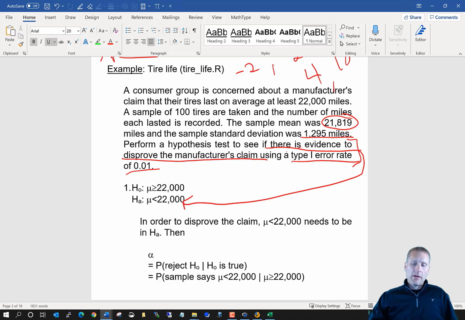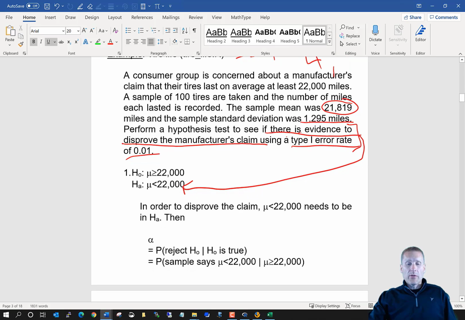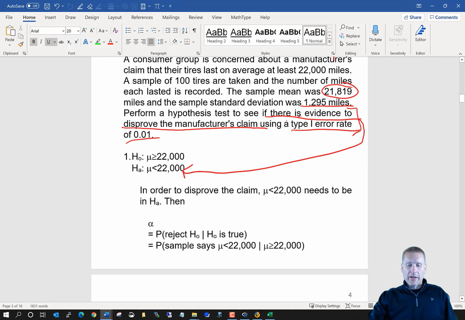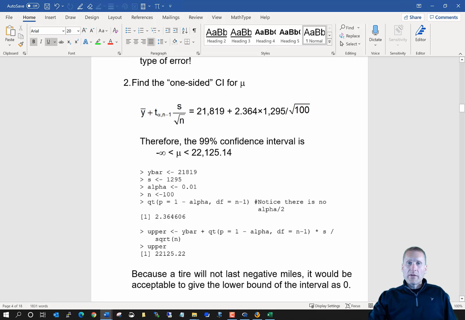Okay, so here are our hypotheses. Mu is greater than or equal to 22,000. Mu is less than 22,000 for HA. Then the corresponding one-sided interval would take y bar plus then the rest of those quantities. If you do all the math, you get 22,125.